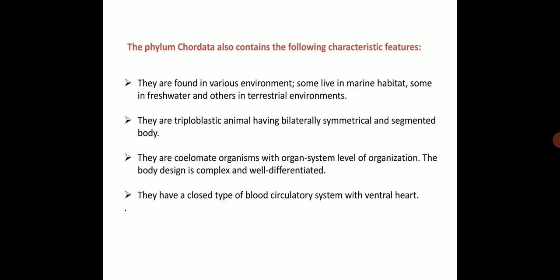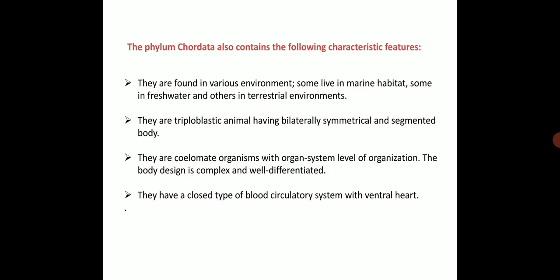Chordates also possess some other characters. They are found in various environments: some live in marine habitats, some in fresh water, and some in terrestrial environments. They are triploblastic animals, that means consisting of 3 germ layers, ectoderm, mesoderm and endoderm, with bilateral symmetry.